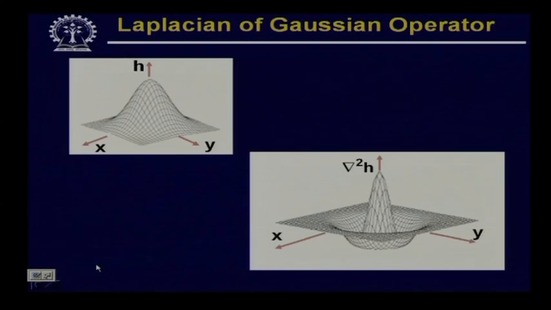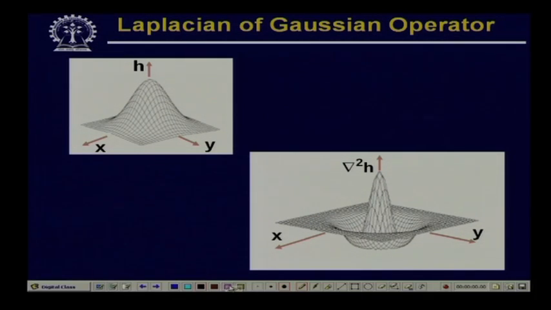Now, we find that in this slide we have shown a Gaussian mask in 2 dimension, and if I take the Laplacian of this, the Laplacian of the Gaussian will appear as shown here.